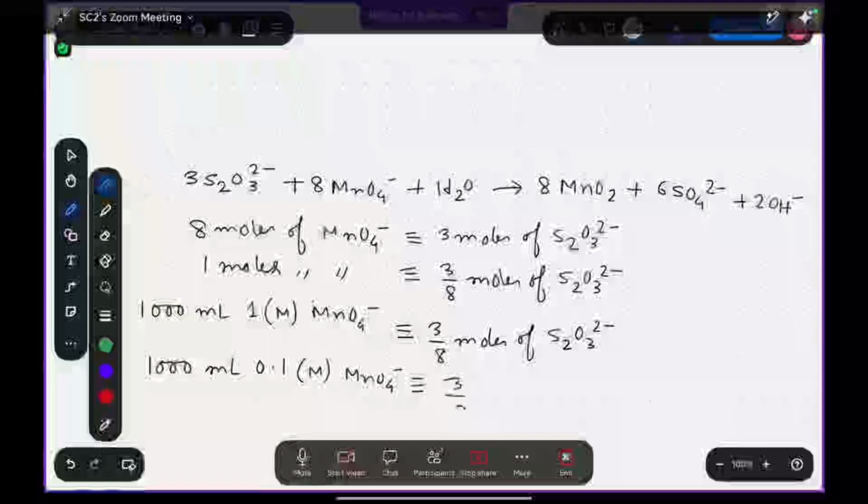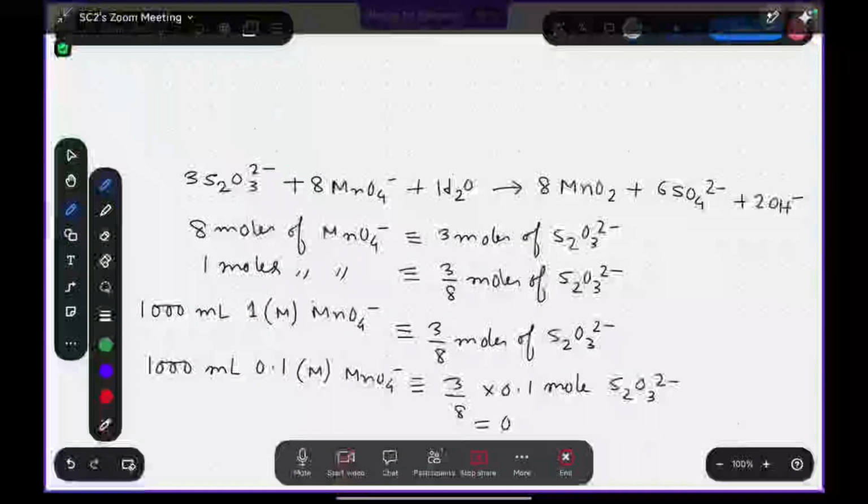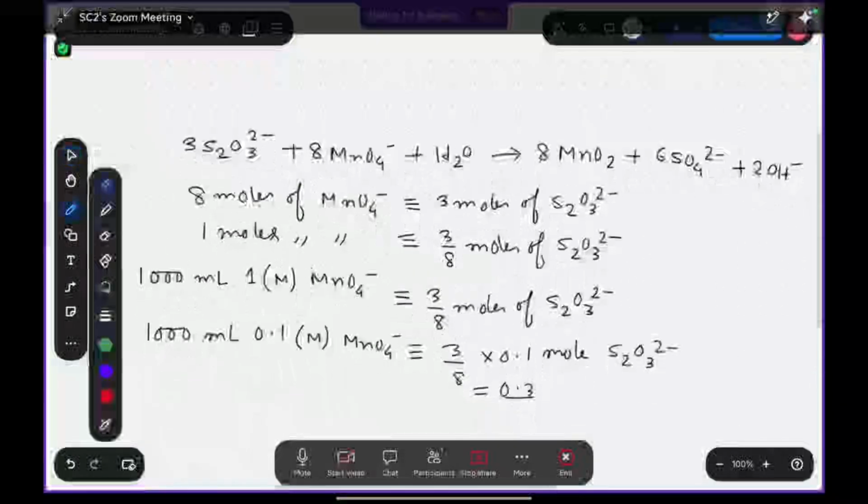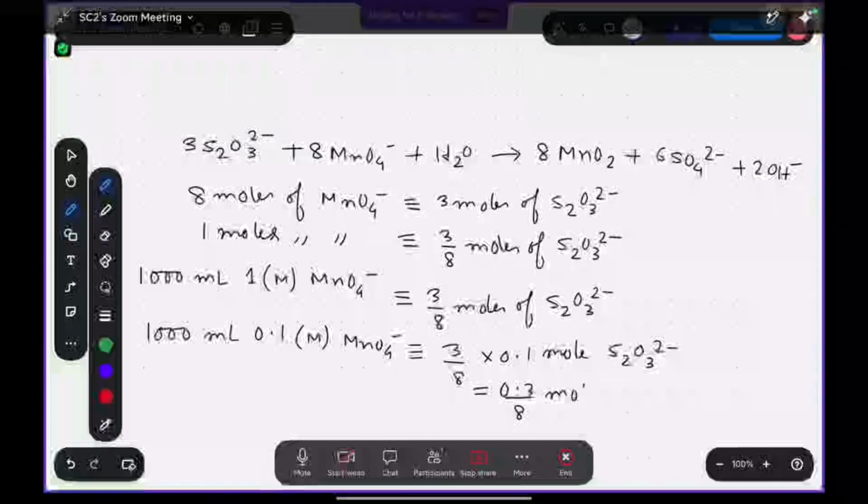It is 3 by 8 into 0.1 mole of sodium thiosulfate or thiosulfate ion. That means it is 0.3 by 8 moles of thiosulfate ion. Since the question is specifically given for sodium thiosulfate and potassium permanganate, we will use sodium thiosulfate.